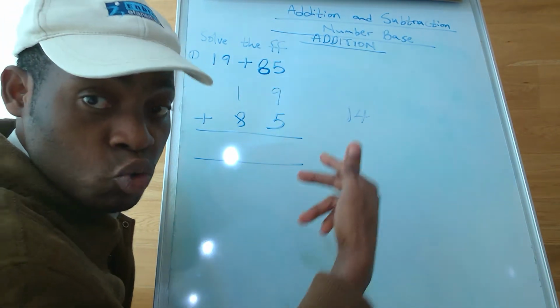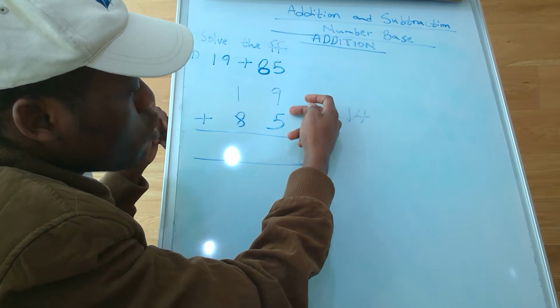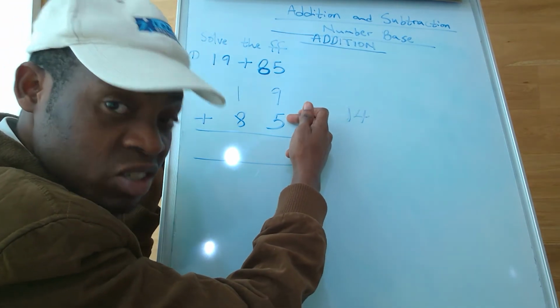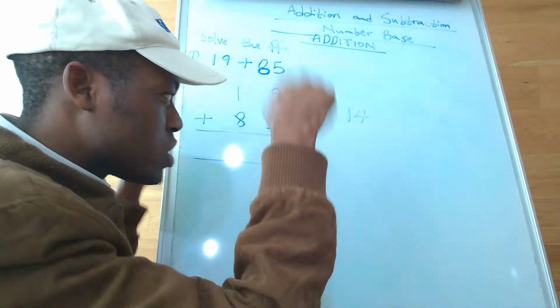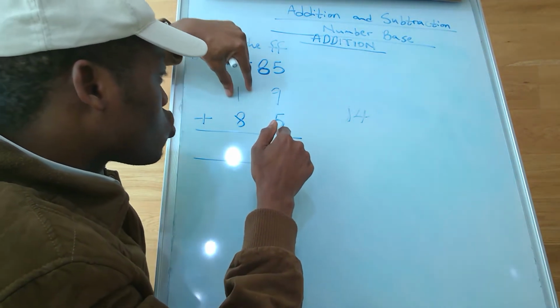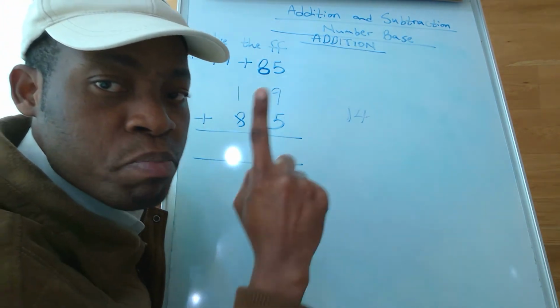When you see some other examples, you will understand what I'm saying. When you are counting, the counting will stop at 10 and start afresh. When it gets to 10, it will turn to 0, and when it turns to 0, it will add 1 to the next line. That is one bundle of a base.